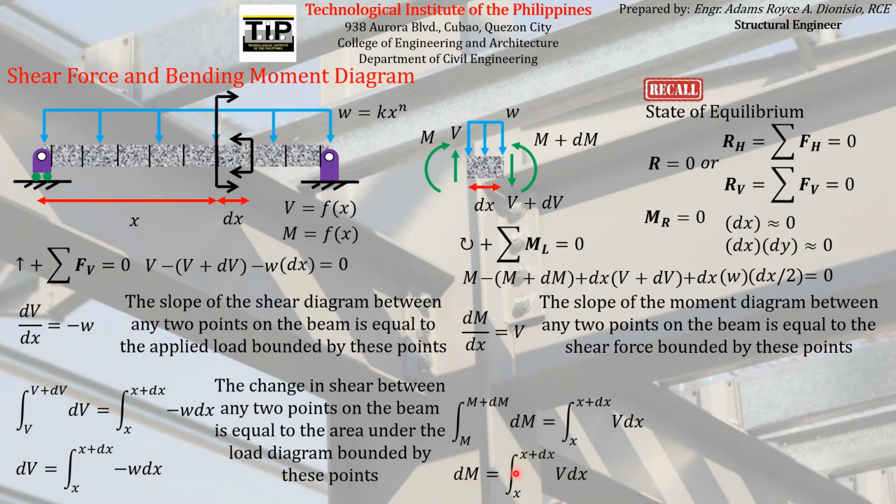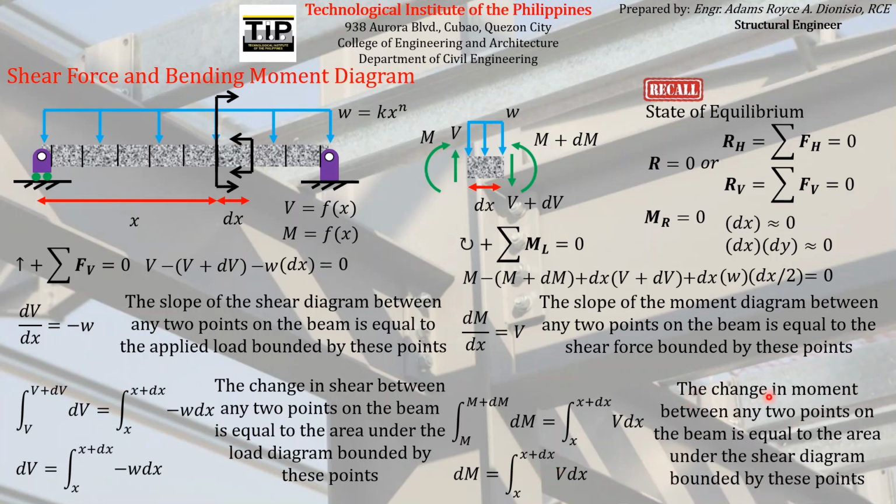And what does that mean? It just shows that the change in moment, dm, corresponds to the change in moment between this point and this point. It just shows that the change in moment between any 2 points on the beam is equal to the area under the shear diagram bounded by these points. Because if you can notice, this is just the area under the shear force diagram between this point and this point.